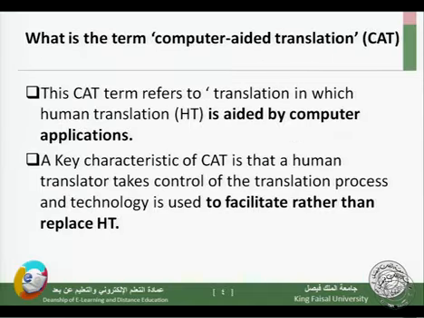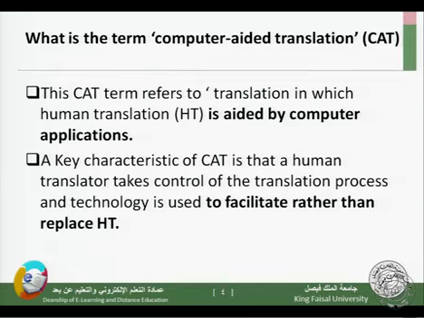Now, what is the term computer-aided translation? This CAT is short for computer-aided translation. From now on, if I say CAT, it means computer-aided translation. The term refers to translation in which human translation, HT, is aided by computer applications.